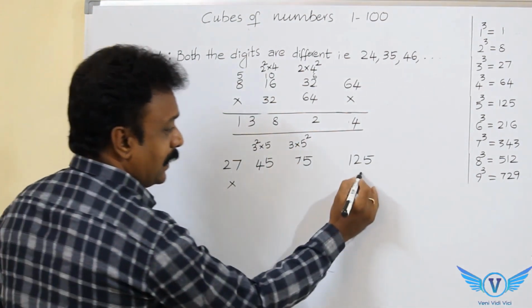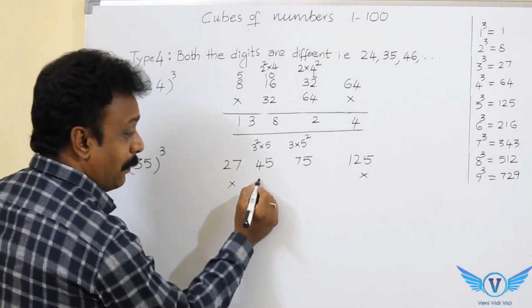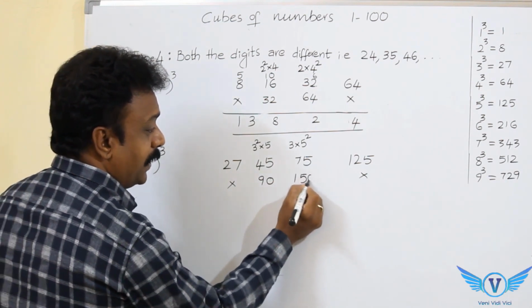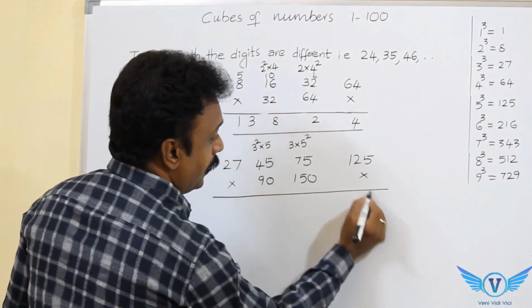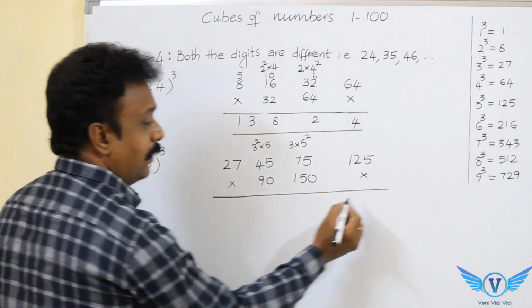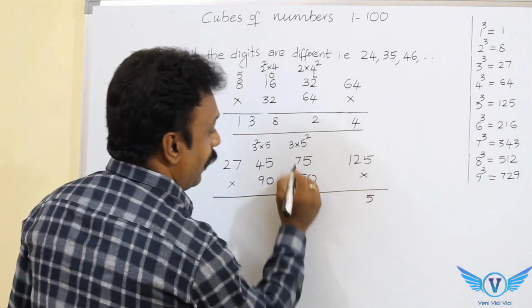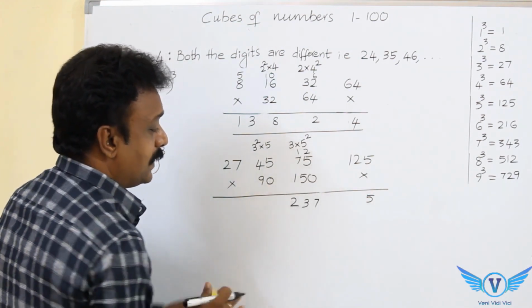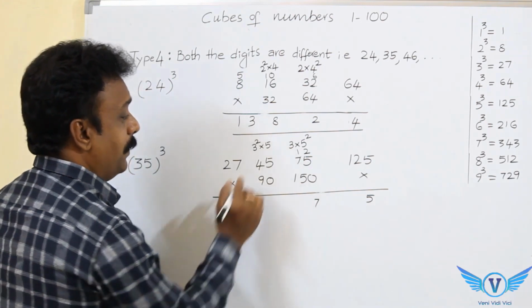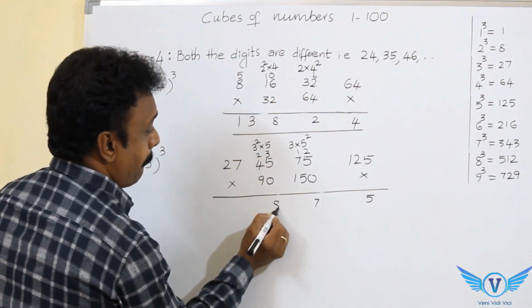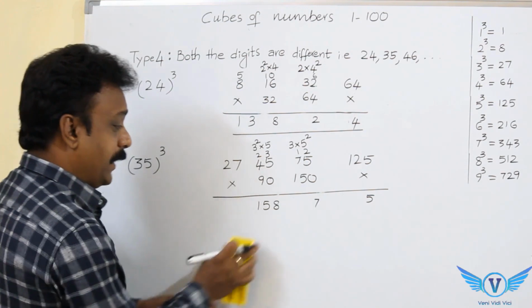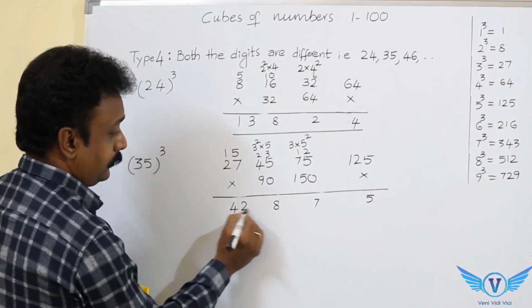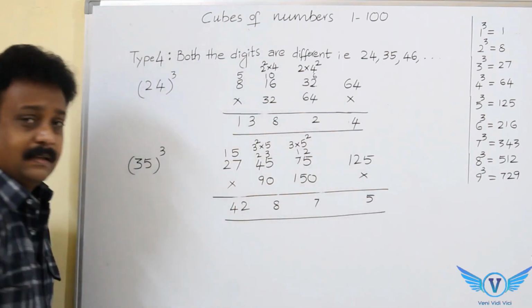Now, the remaining part is same as previous one. 45 double, 90. 75 double means 75 into 2, 150. Now, let us add. 125 plus 0, 125. We will write 5 only, 12 will be carried. 237. Out of this, 23 will be carried. 15 will be carried. So this will be your answer.